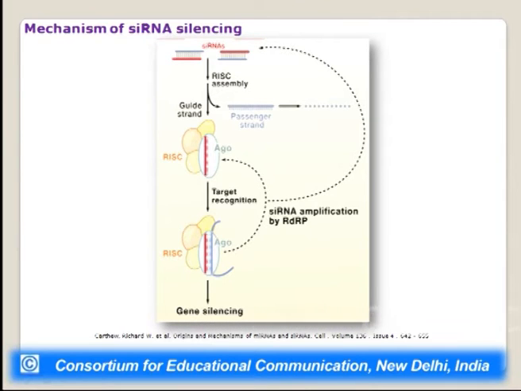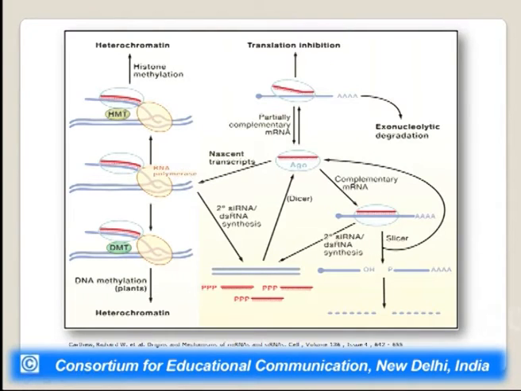Now, gene silencing can occur by different mechanisms. You can see in the center there is an activated RISC complex. If there is a target mRNA with 100% perfect complementarity to the siRNA, it will bind to that target mRNA, and Argonaute, which is also called the slicer, will cleave the target mRNA, as shown on the right hand side lower panel.